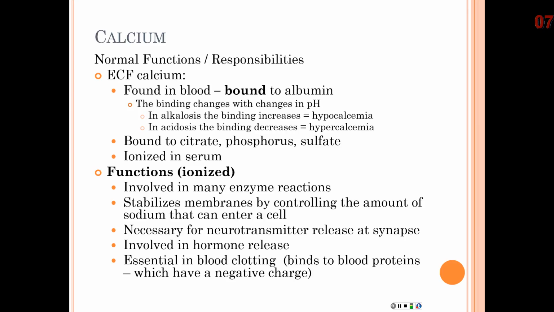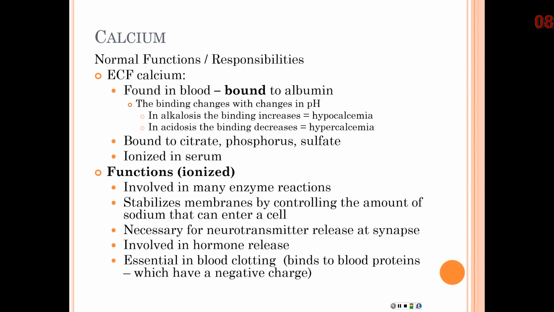So get this in your mind, because by the time you take this exam, you're going to have all of the fluid stuff, all of the electrolytes, and all the acid base, and you're going to have to pull this information together. So you come across a patient that has alkalosis, you're going to be thinking to yourself, well, that may also mean hypocalcemia. Got to take a look at where their calcium is at, because there'll be increased binding of albumin and calcium.